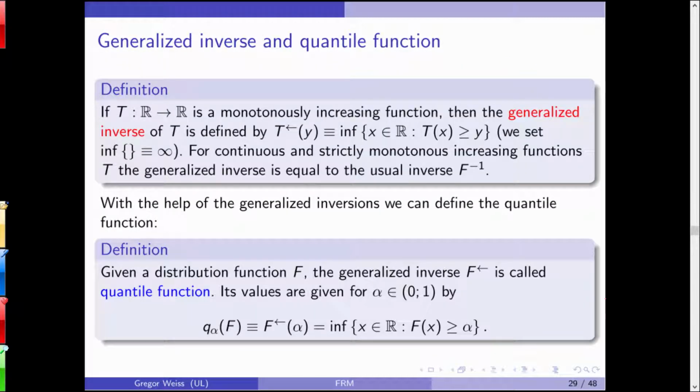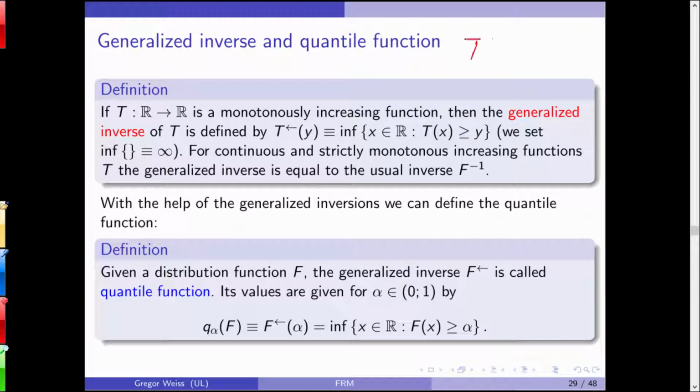Now on this slide you can see a correct but highly confusing way of defining a so-called inverse and generalized inverse of a distribution function. In fact, the only reason I gave you this is that to calculate the VaR, you need the quantile function. In almost all relevant cases, the quantile function is the inverse of the distribution function.